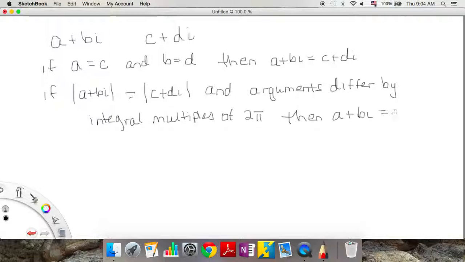So if their modulus is equal and their argument is in the same spot, it only differs by an integral multiple of 2 pi.